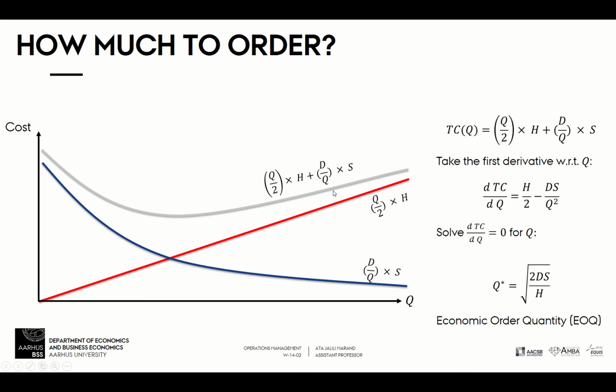To find the cost-minimizing order quantity, we will take the first derivative of the total cost function with respect to Q, put it equal to 0 and solve it for Q, so it will give us a Q equal to the square root of 2 times D times S over H, which is called economic order quantity, or EOQ.